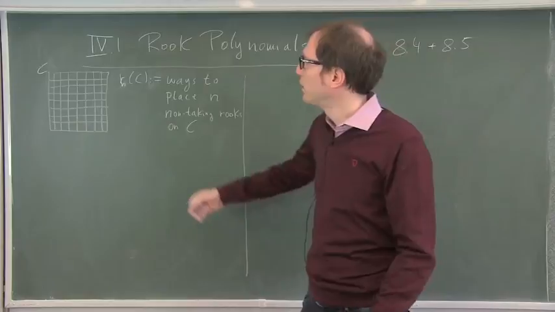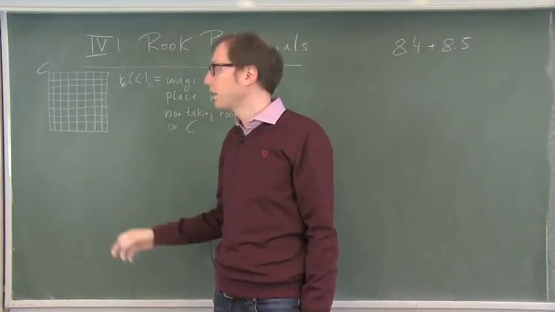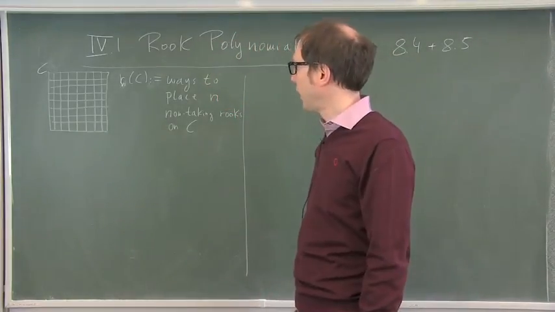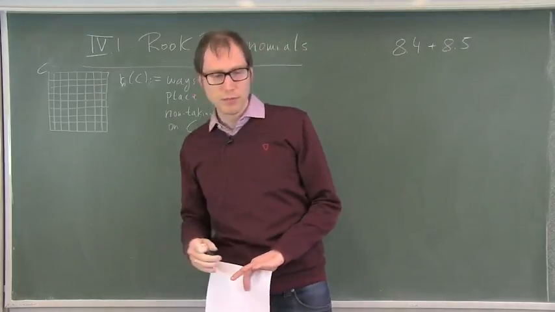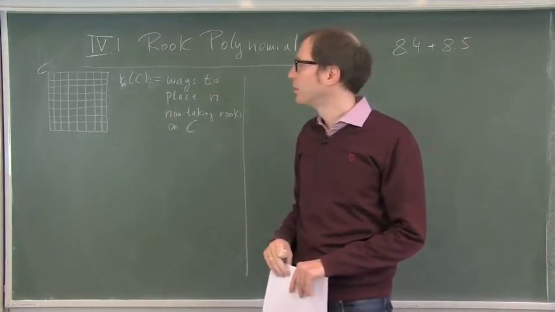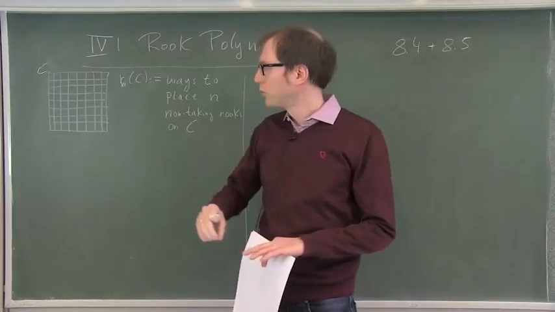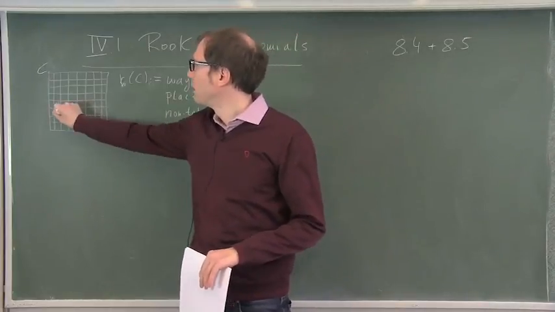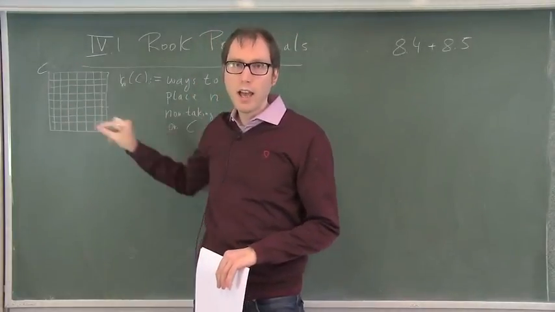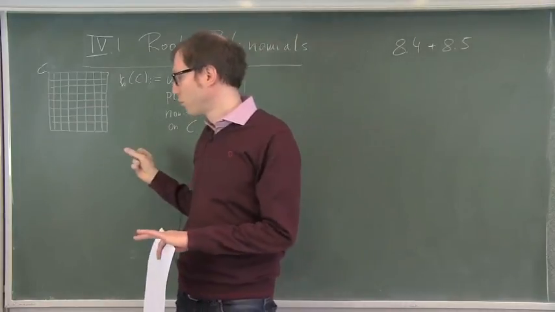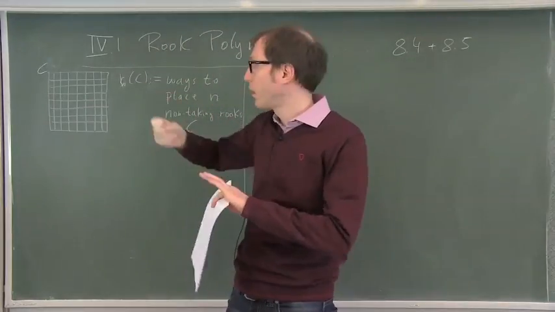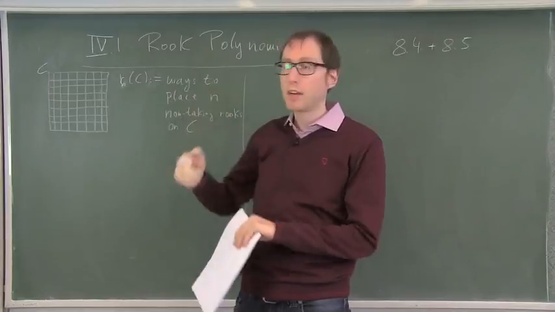What we see here is an 8 by 8 chessboard. There's this problem, and you have to know what a rook is. A rook is allowed to move horizontally and vertically. If you have 2 rooks, they can take each other if they're in the same row or in the same column.